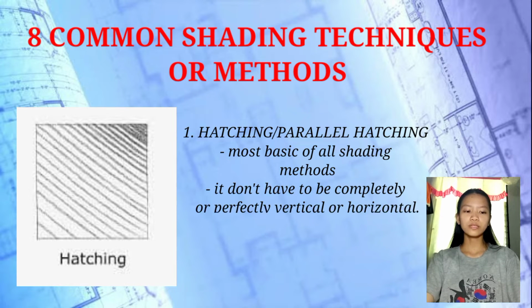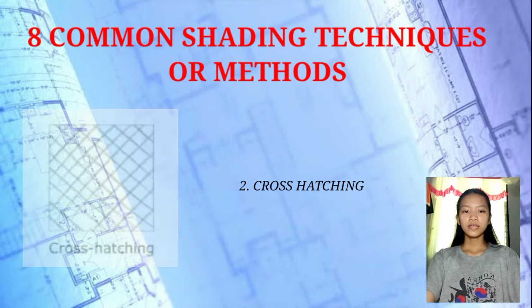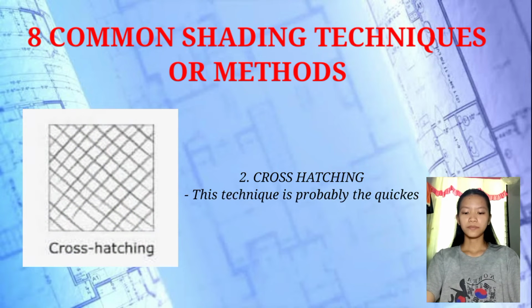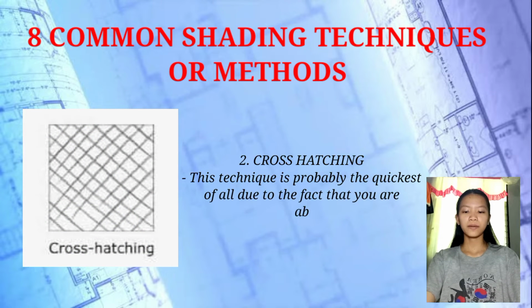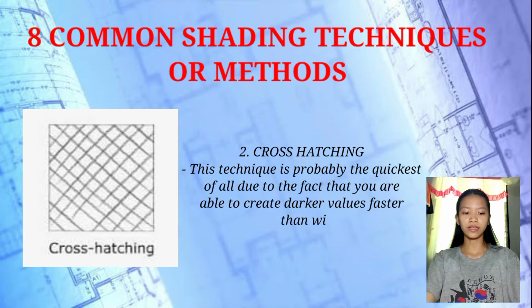Those lines don't have to be completely or perfectly vertical or horizontal. It can be slanted or follow any angle you'd like, as long as the direction is uniform through the area you are shading. Second one is cross-hatching. It is like taking parallel hatching to the next level.